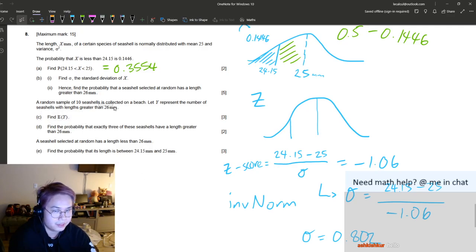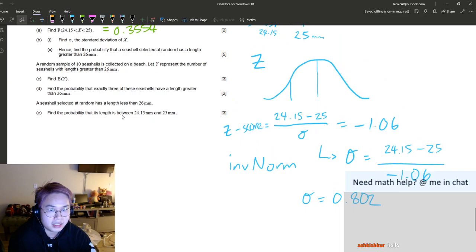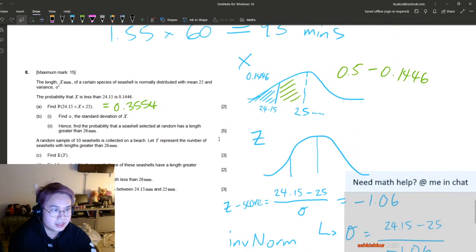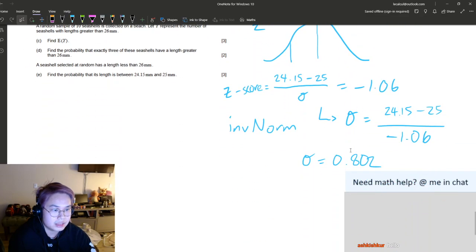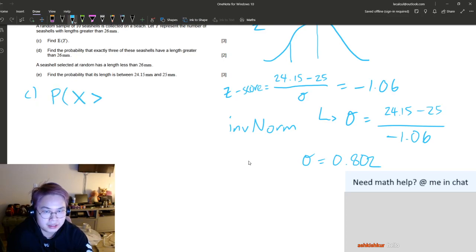So first off, if it's greater than 26, we will need to find the probability that it's greater than 26. And what's nice is we know the standard deviation now, so we can use the calculator for that again. So again, part C, first we need to find the probability that a seashell is greater than 26 millimeters.